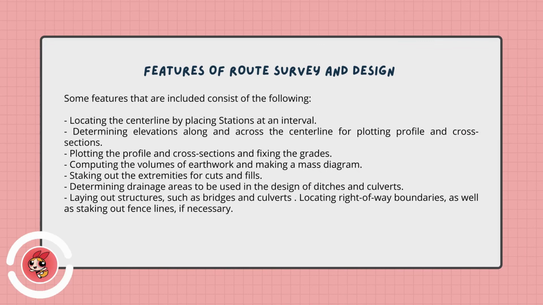Fifth, staking out the extremities for cuts and fills. Sixth, determining drainage areas to be used in the design of ditches and culverts. Last is laying out structures such as bridges and culverts, locating right-of-way boundaries as well as staking out fence lines if necessary.